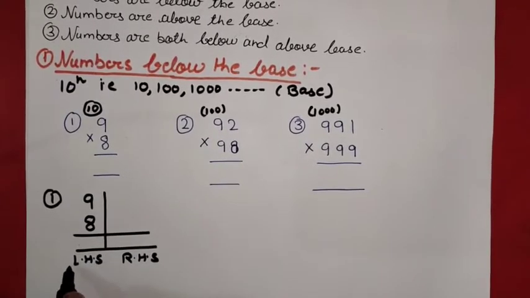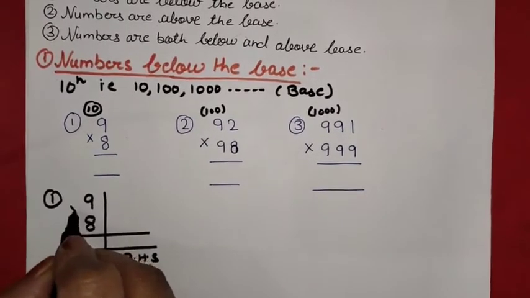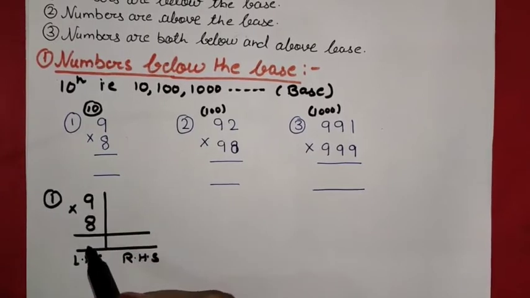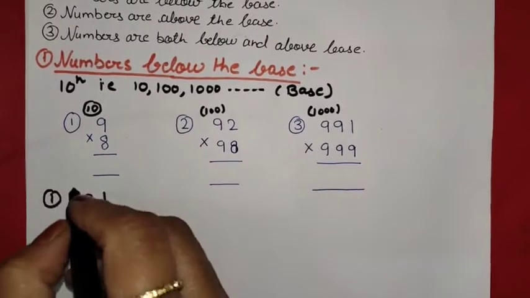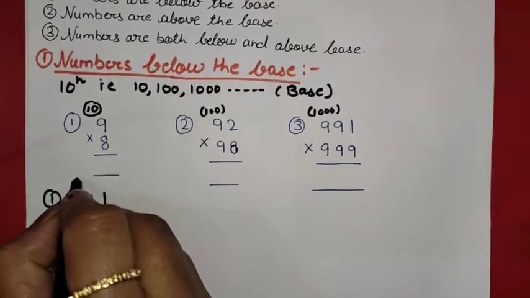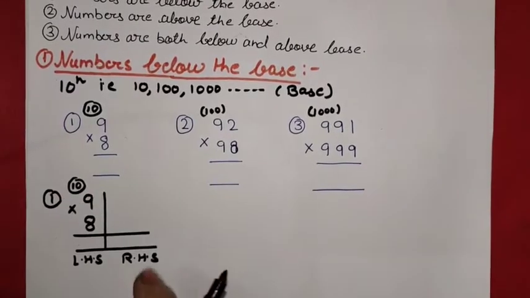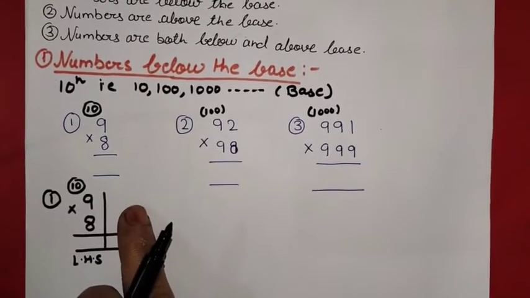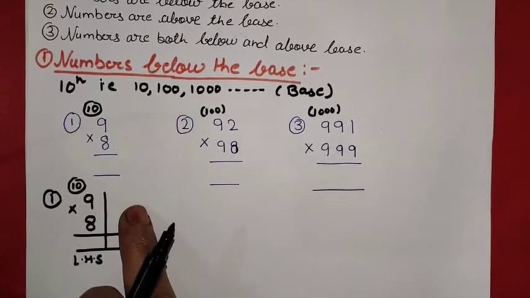In the left hand side part, you will simply write the two numbers you want to multiply. Like we want to multiply 9 and 8, we put these two numbers over here and we write the base. And on the right hand side part, we will write the difference of our numbers from the base.